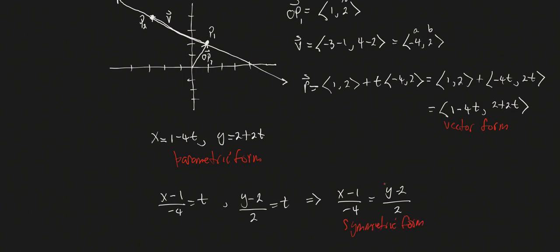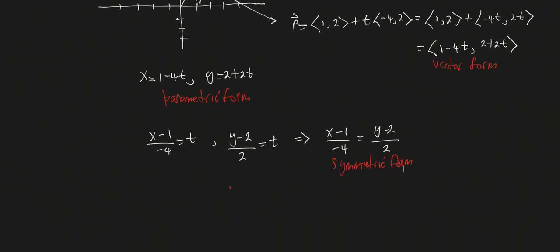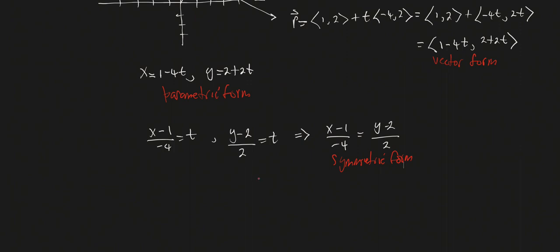Now, what's interesting is, if I were to take the symmetric form of a line in R2 and isolate y, I would get my y equals mx plus b. So I think we should do that. That would be a great way to end this, to really come full circle. So solving this for y, what would I do? I would multiply both sides by 2.